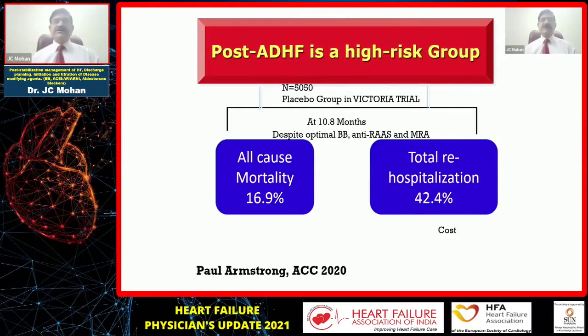What is important is that at 10 months in these 5,000 patients, all-cause mortality was 17%, and total rehospitalization was 43%, clearly indicating that a stabilized HFrEF patient is actually a high-risk phenotype.